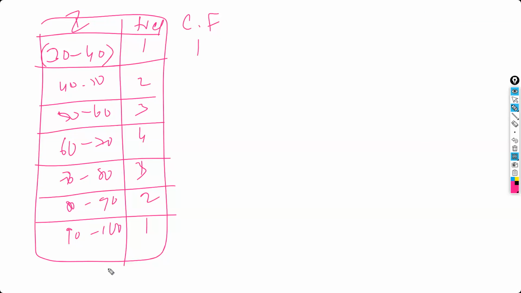Cumulative means you are accumulating the multiple frequencies. First frequency or these two you have to combine. That is nothing but 3. Now you have to combine the first 3. Means 30 to 60 I want. 30 to 60, how many are there? 6. 30 to 70, 10. 30 to 80, 13. 30 to 90, 15. 30 to 100 means this is the total.